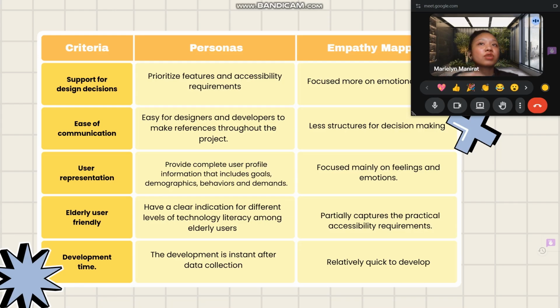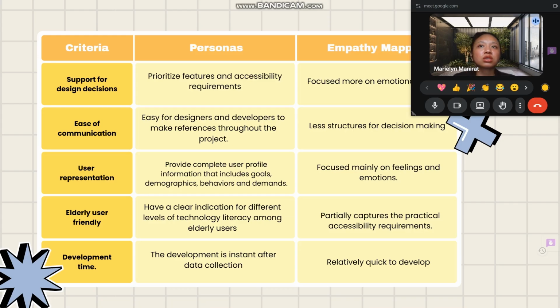For ease of communication, personas are easy for designers and developers to reference throughout the project, while empathy mapping is less structured for decision making because it focuses more on the emotional parts.